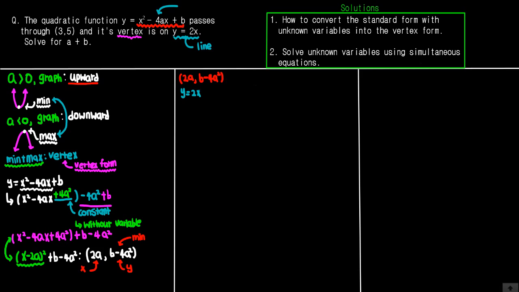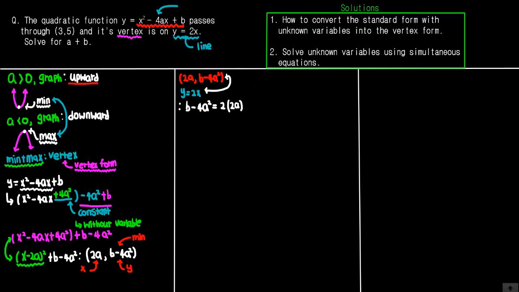So for the 2a, we can input it as our x value, and for b minus 4a squared, we can input it as our y value. So it will be like this. At first, b minus 4a squared is the same as 2 times 2a.